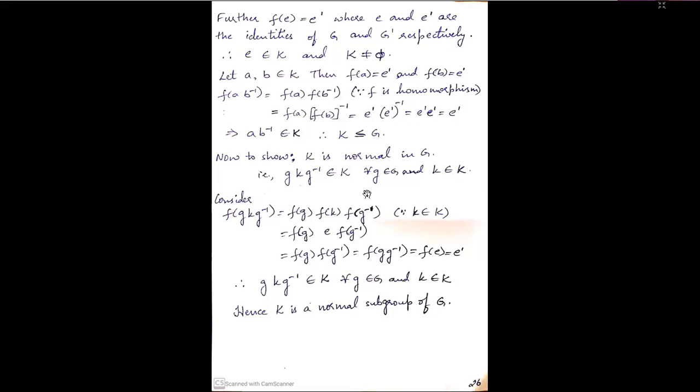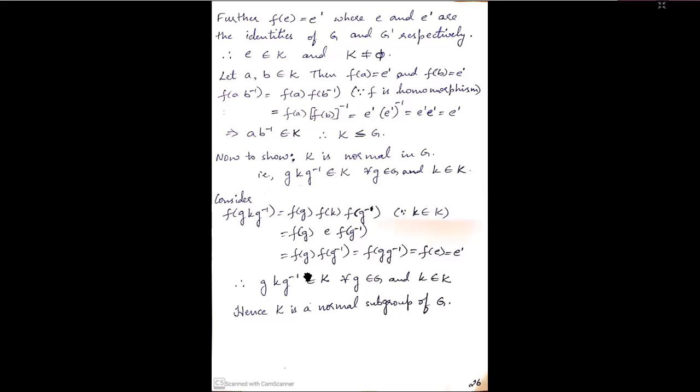So the next thing to prove is K is normal in G. That is, to prove that g k g inverse belongs to K. For that, we need to show that f of g k g inverse is equal to e dash. So we consider f of g k g inverse. This is equal to f of g into f of k into f of g inverse, as f is a homomorphism.